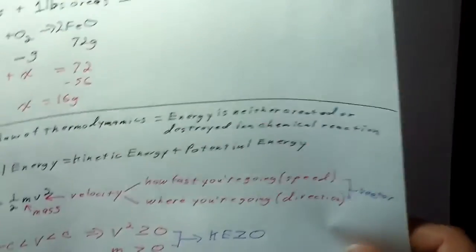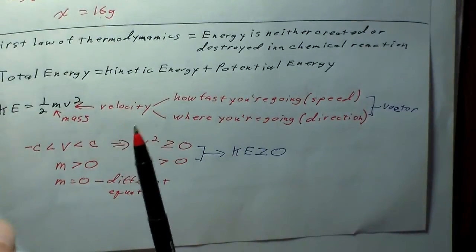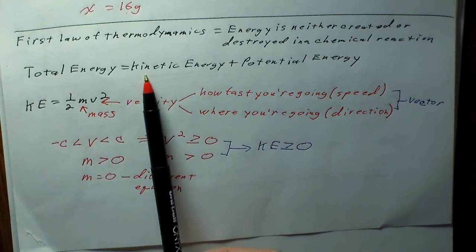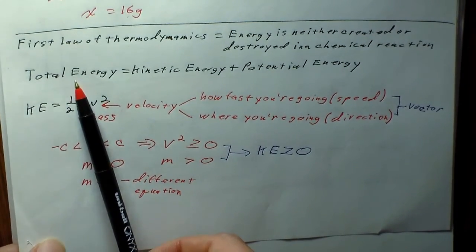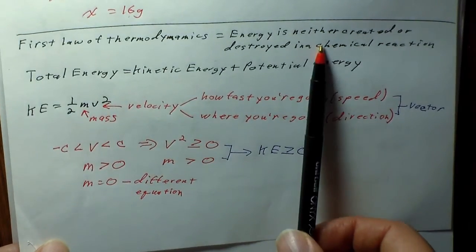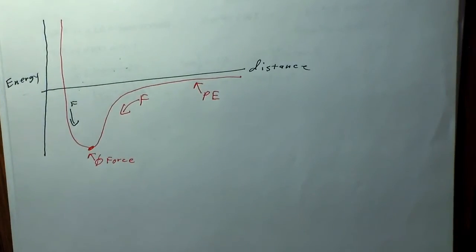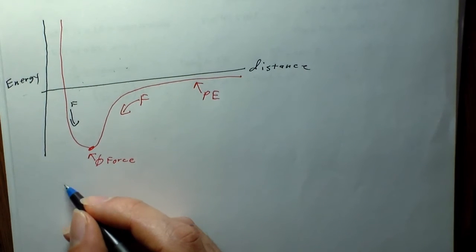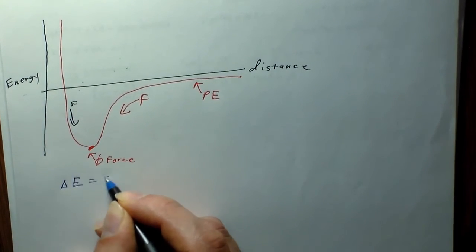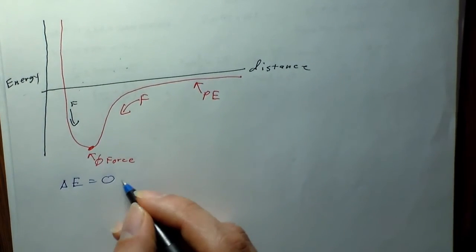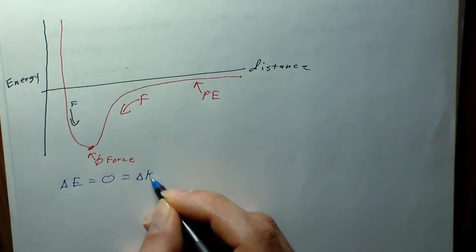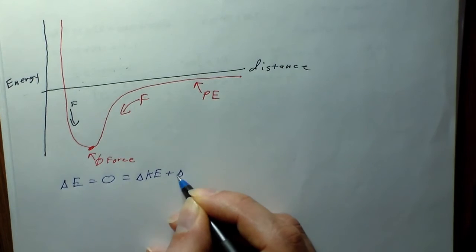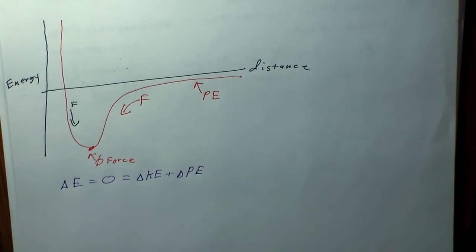If you remember from what we talked about earlier, we said that the total energy is equal to the kinetic plus the potential. We also said that the total energy is conserved, right? So what this means is my change in energy is equal to 0, and that is equal to the change in my kinetic energy plus the change in my potential energy.